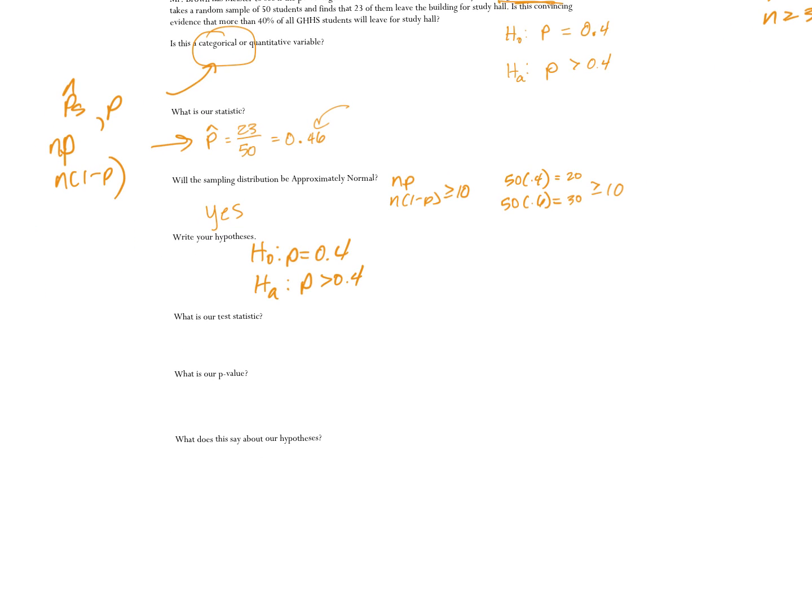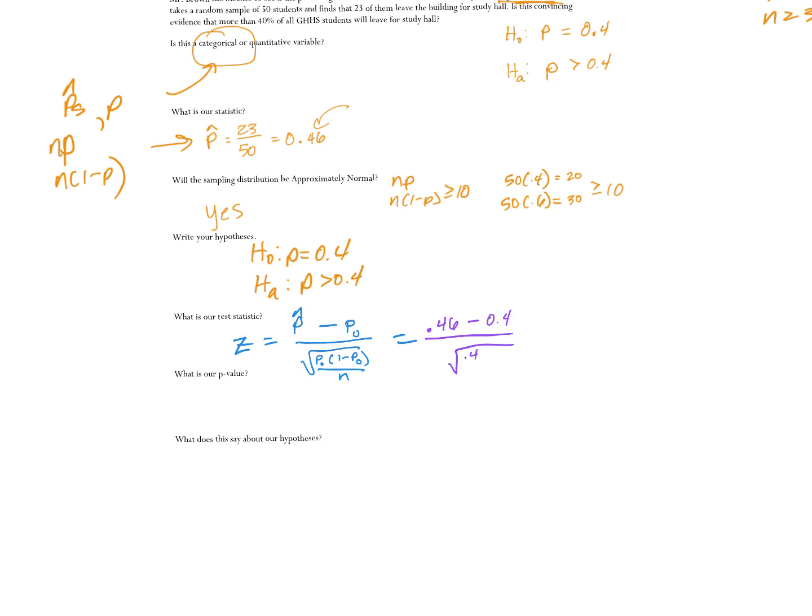All right. So now our test statistic, this is proportion, so it's a z. And what we did, y'all, was we did p hat minus the p from the null hypothesis. We divided by the square root of the standard deviation formula using the null hypothesis, okay? So what that would look like here. Well, our value for p hat was 0.46. What's our p from the null hypothesis? 0.4.